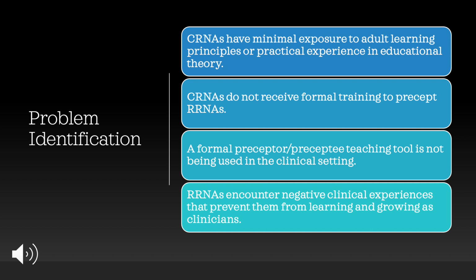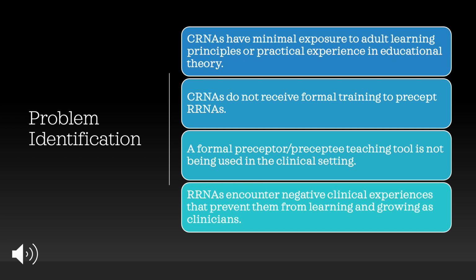Problem identification. CRNA preceptors have the critical task of transferring high-quality patient care and patient safety skills to their preceptee. However, there are several problems with the current CRNA to SRNA preceptorship education model. First, CRNAs have minimal exposure to adult learning principles or experience in educational theory. Second, CRNAs do not receive formal training to precept SRNAs.